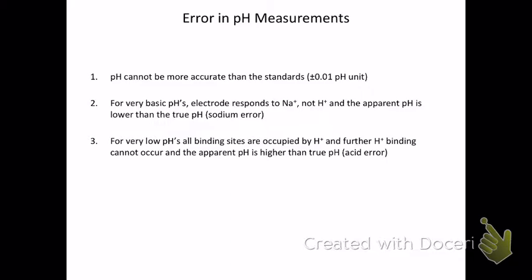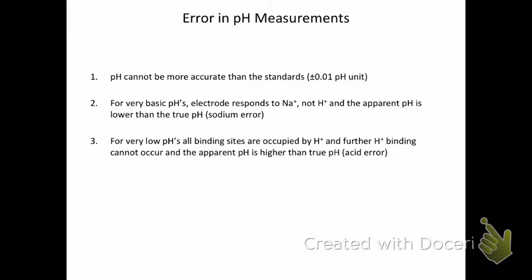Also, for very low pHs, all binding sites, all the O minus oxides on the surface of the glass, can be occupied by H plus. And so there may be more H plus that's available, but it cannot bind at the surface because the pH is too low. This is called an acid error, where the solution is so acidic that we can't get an accurate measurement of all of the H plus ions.